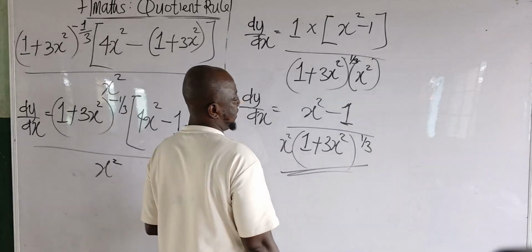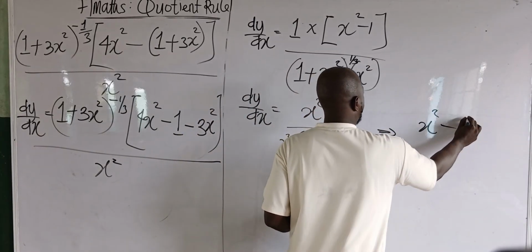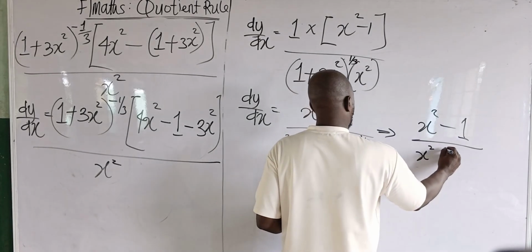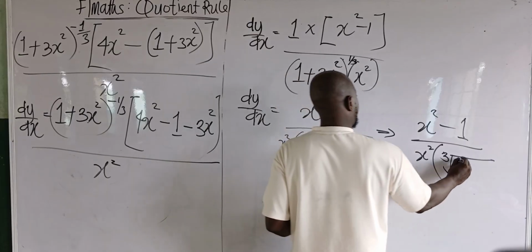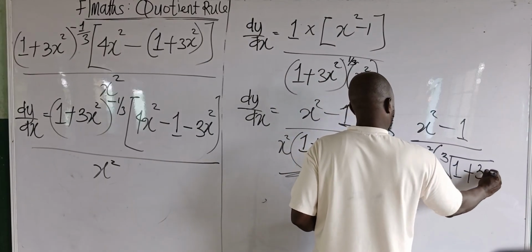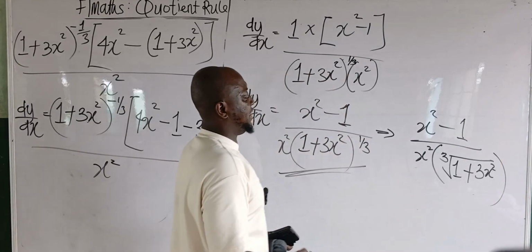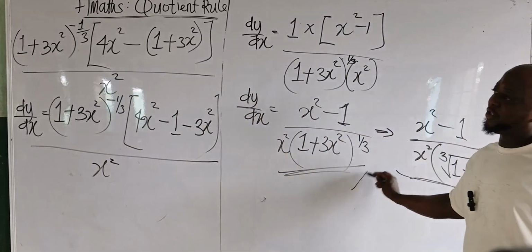Or you can also do this one like this, having this value 1 here, all over. Change this one. I'll have it like this. Then I will now have into bracket the root, which is 3 here, of then 1 plus 3x squared, like this. This is what I am having as my final answer. Either you leave it like this or you leave it like this, you are correct.